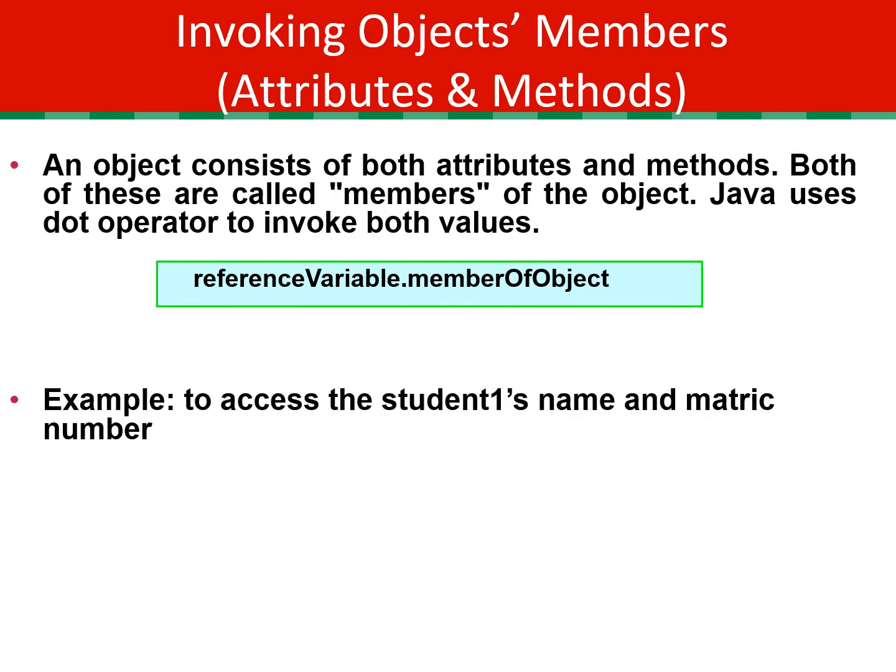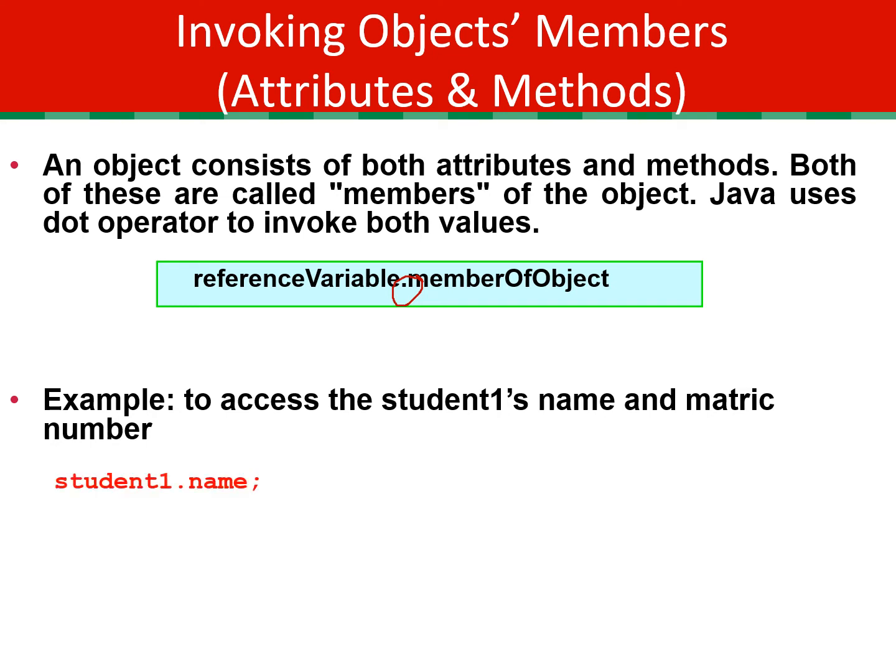Once you have created an object, you can use the attributes and methods inside the object. You normally use dot here. The reference name is whatever you have created just now, student1, student2. Member objects can be either the variables, the attributes, or the methods. Let's have a look.